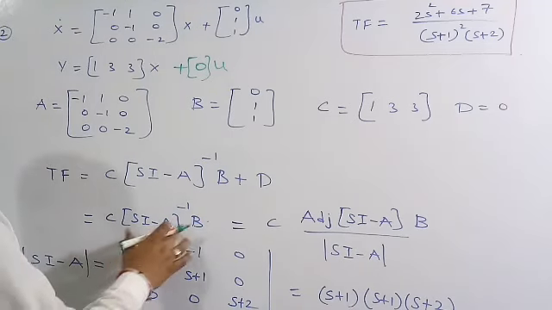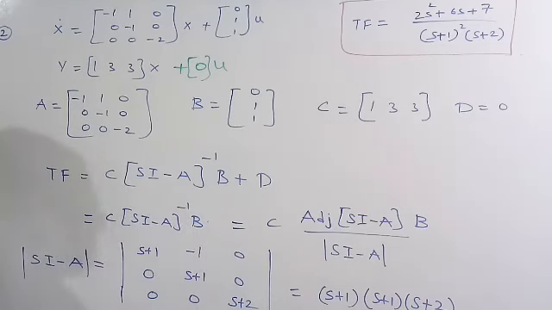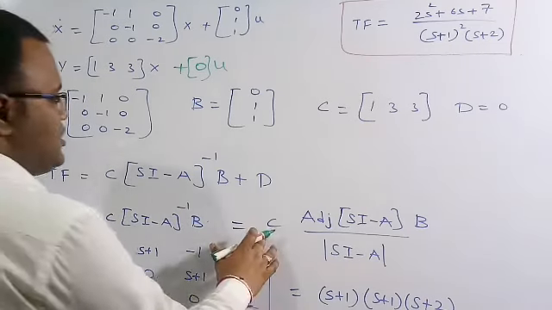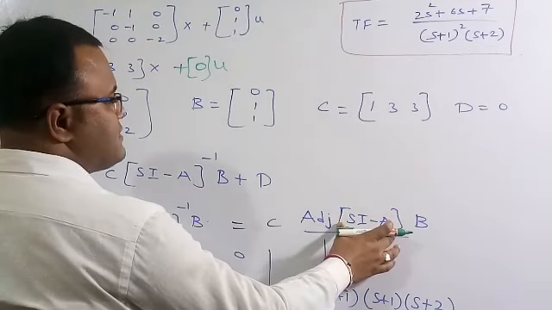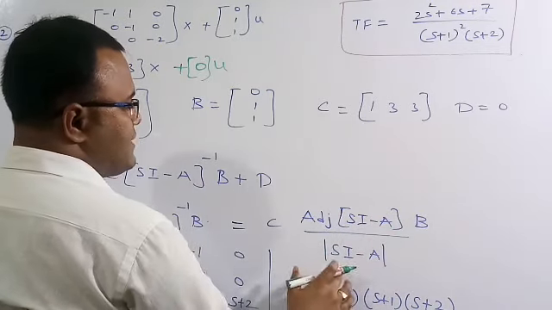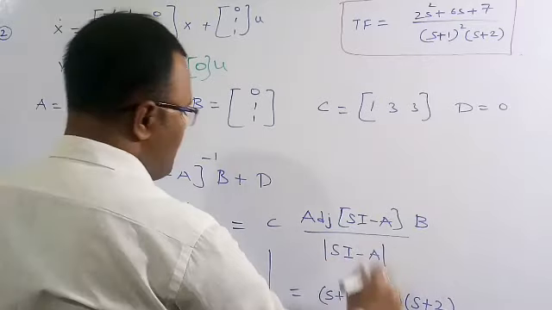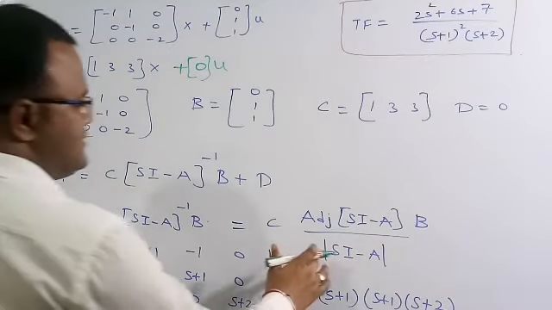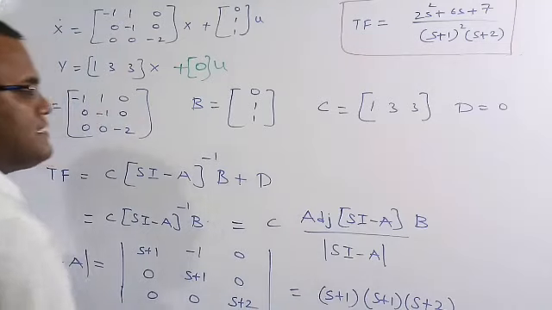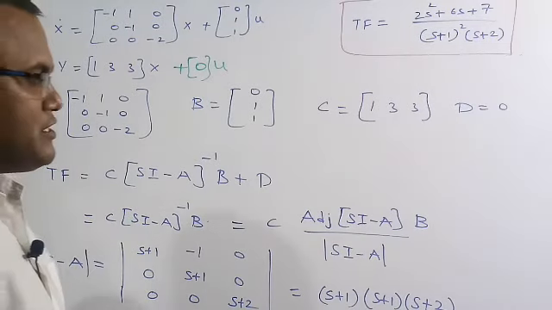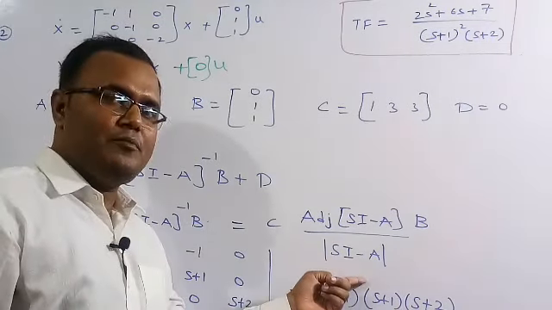So here it's an inverse matrix. Inverse matrix means adjoint of the matrix by modulus of the matrix. So C into adjoint of (sI minus A) by mod of (sI minus A) into B. Here the denominator is mod of (sI minus A). So we are going to find only the denominator part.